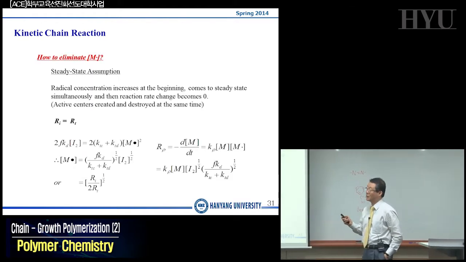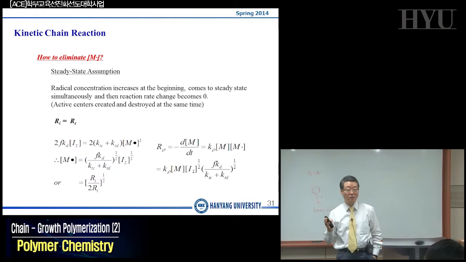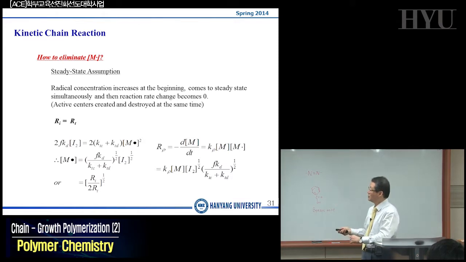talked about the steady state assumption, right? Under the steady state assumption, Ri is equal to Rt. We derived Ri and Rt. Now we use this Ri and Rt with the known terms. So Ri is described as 2fKd times I2, the initiator concentration, instead of Ki. This is equal to Rt, 2 times Ktc plus Ktd times M dot squared.